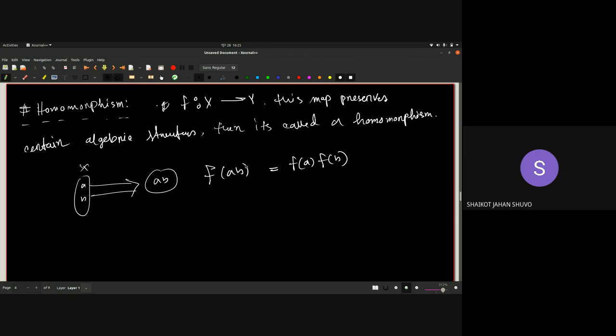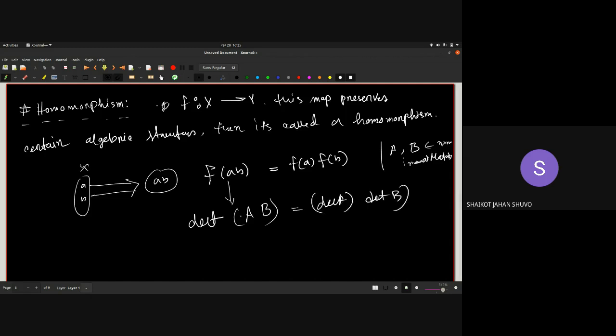And a very simple example is the determinant of a matrix. If you call this small a some capital A and this small b some capital B, where A and B belong to some n cross n matrix, invertible, let me write invertible, then you can easily identify the homomorphism as the determinant of A times determinant of B. This is one very simple example of homomorphism.